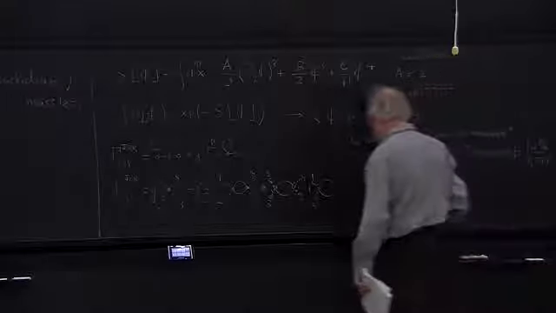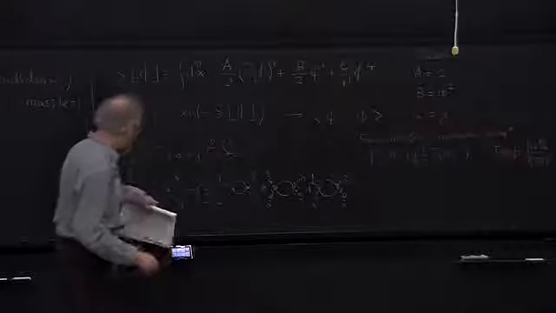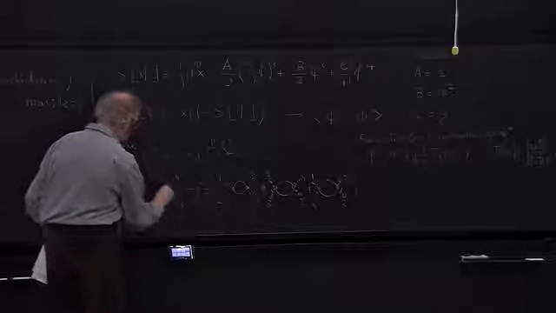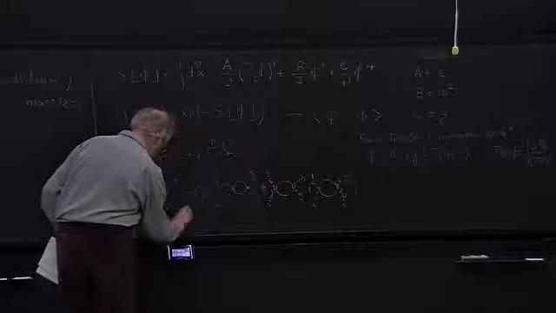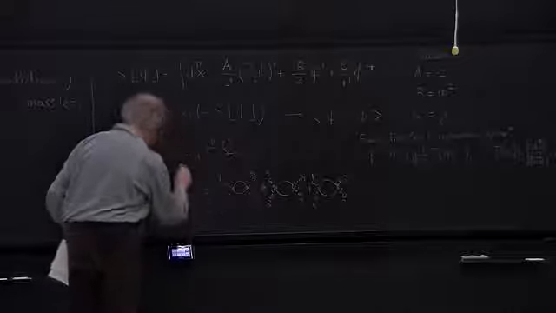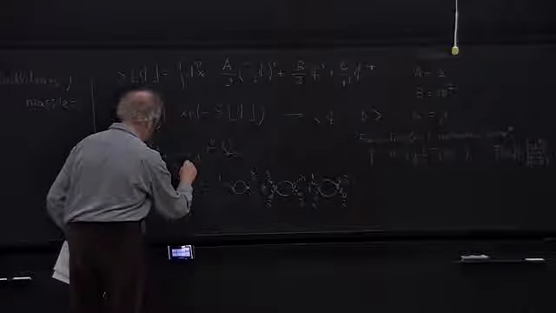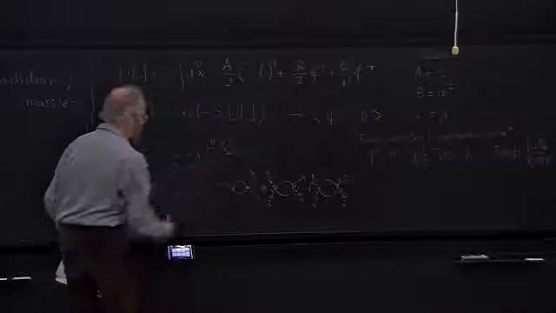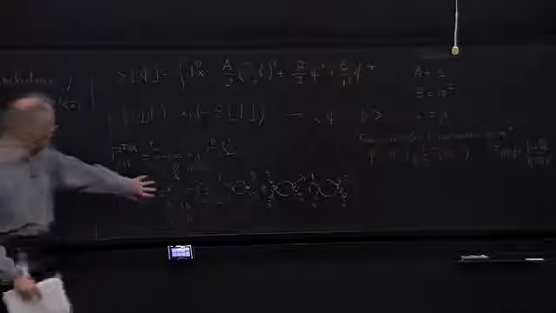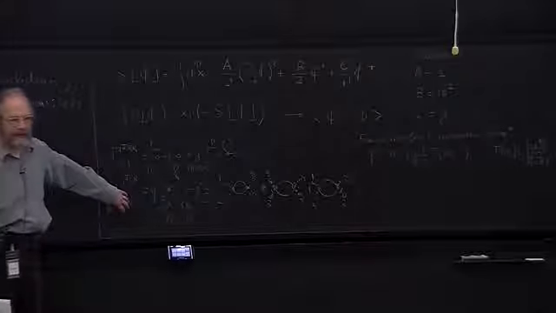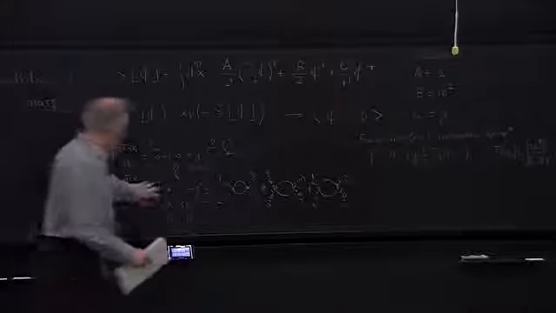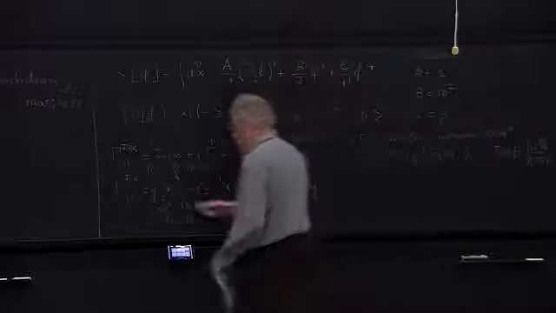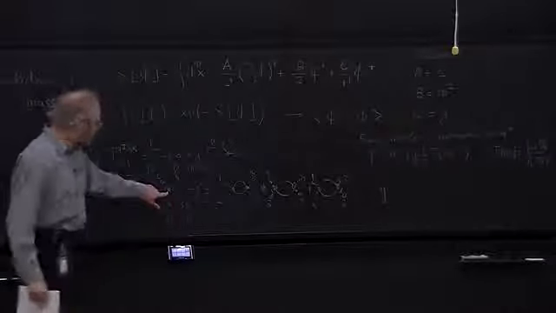Similarly, in Fourier space, there is a momentum P1, P2, P3, and P4, which is minus P1 plus P2 plus P3 by momentum conservation. So if I get rid of the delta function that I wrote explicitly yesterday, this is going to be G, just the contribution of the vertex.